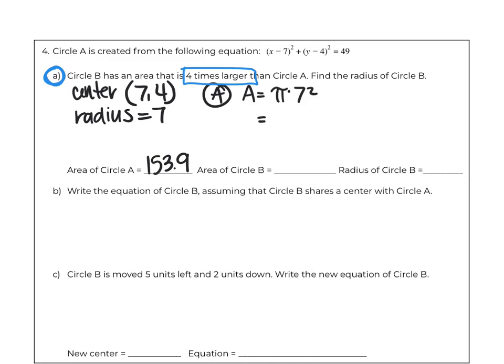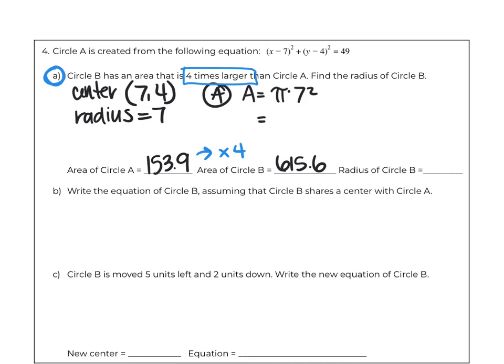The last one was 3, so just take this answer times 4. Okay, and that gives me 615.6. Is that what you guys got? Yep. If you didn't clear your calculator, it will give you slightly different.